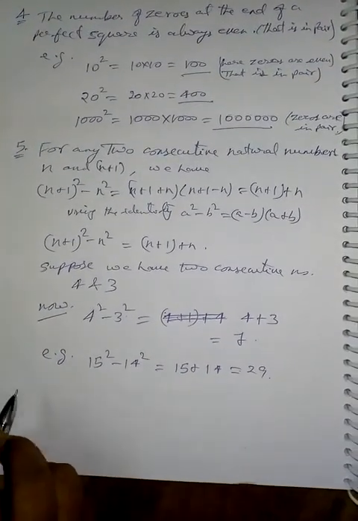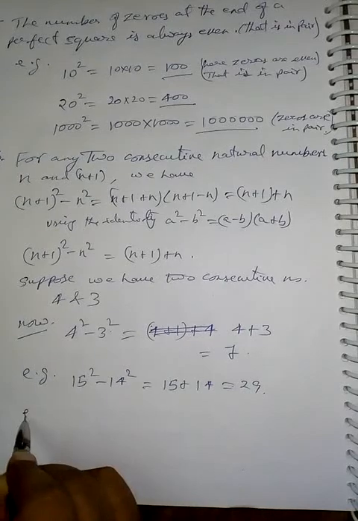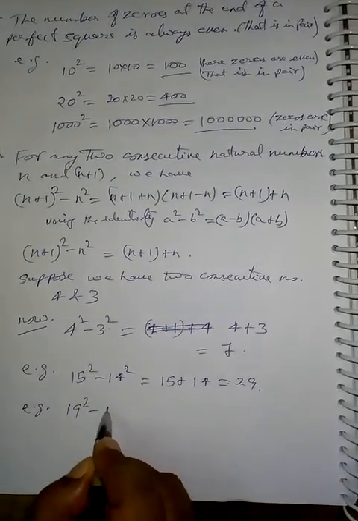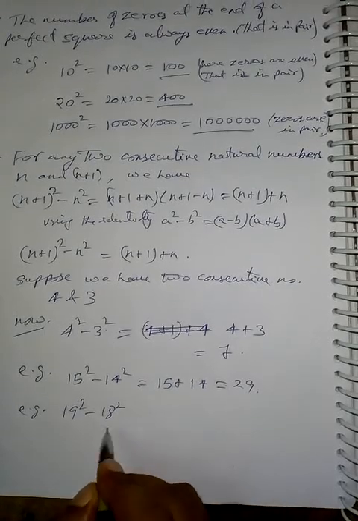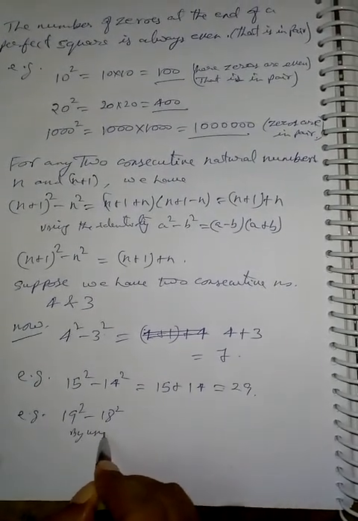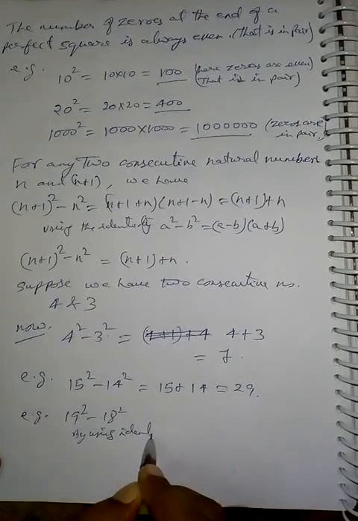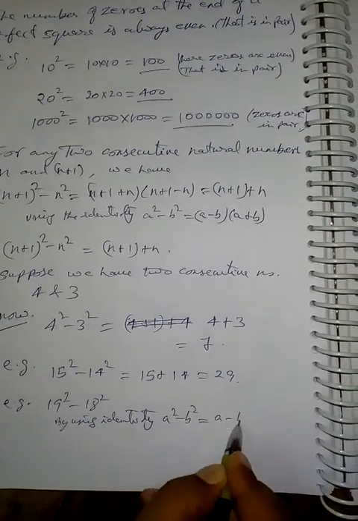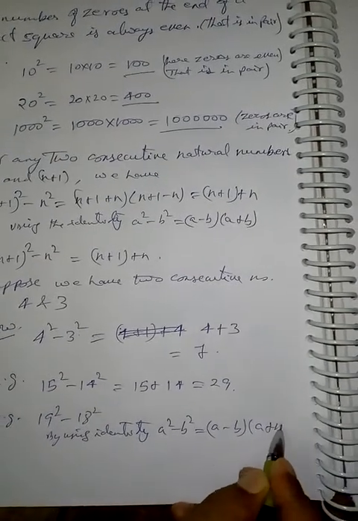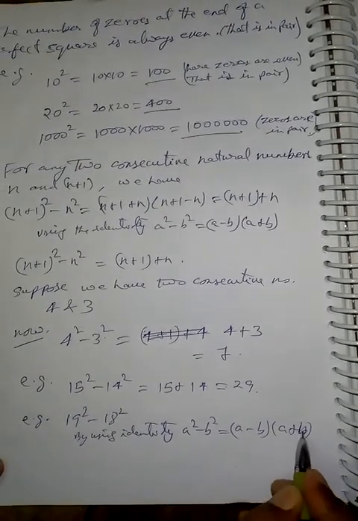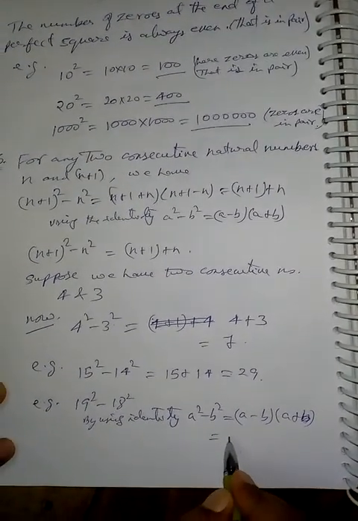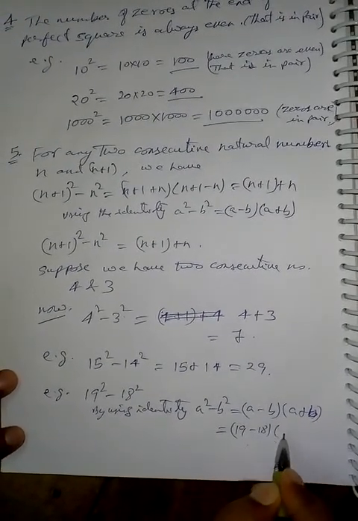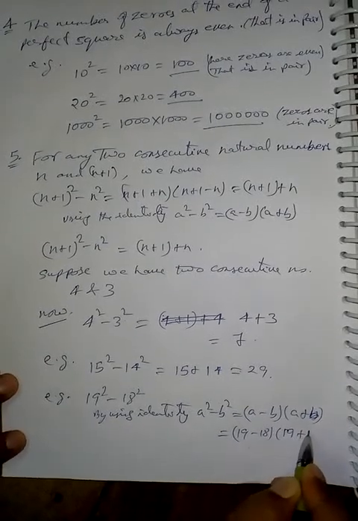Next, another example I can explain is, let it be 19 square minus 18 square. So by using the identity a square minus b square is equal to a minus b into a plus b, we get 19 minus 18 into 19 plus 18.